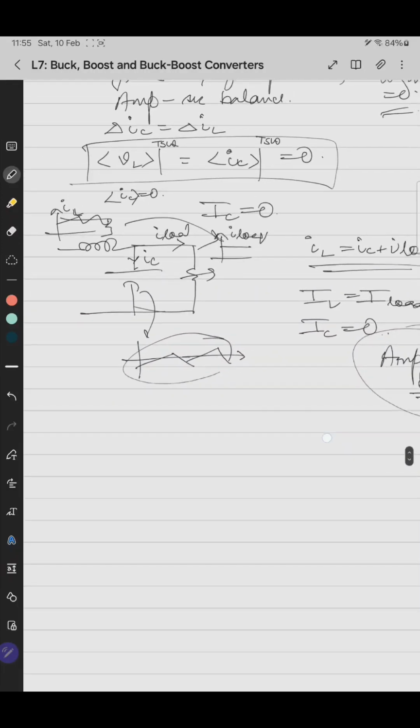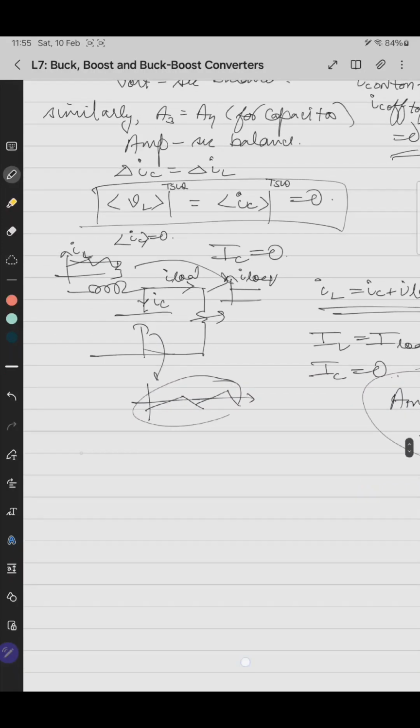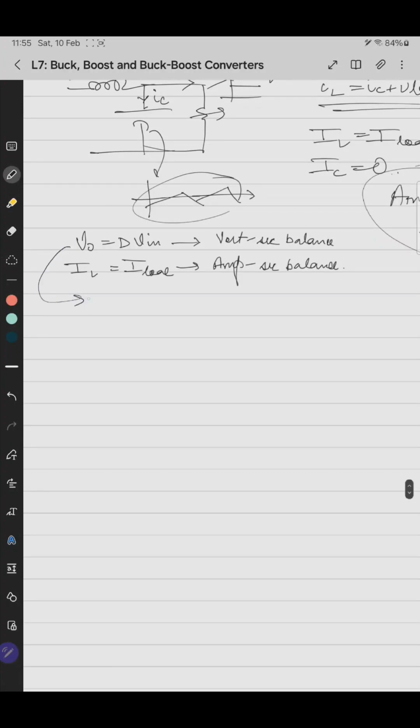Using the volt second balance, you can get the relation between input and output voltage, which is V0 equals D Vin. Volt second balance gives this, and amp second balance gives capital IL equals I load.